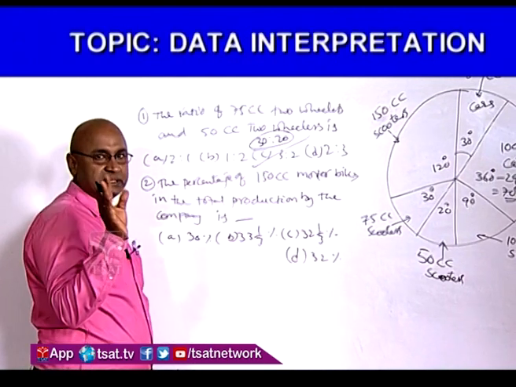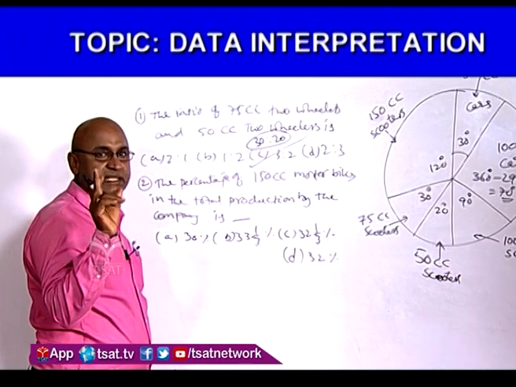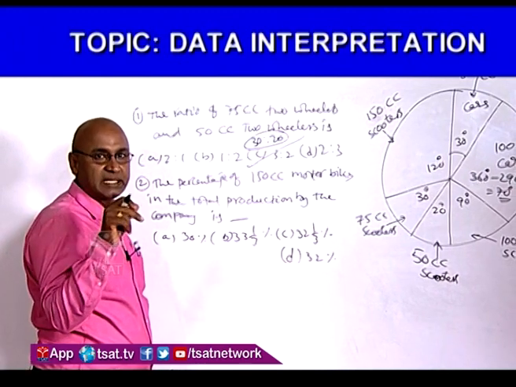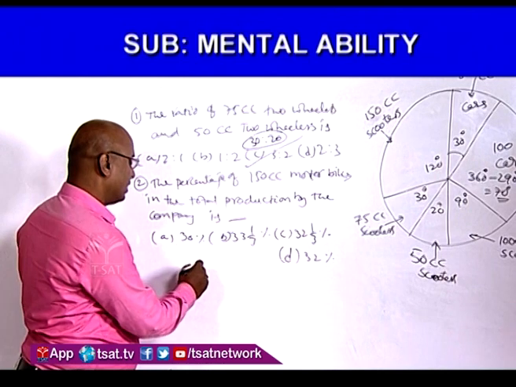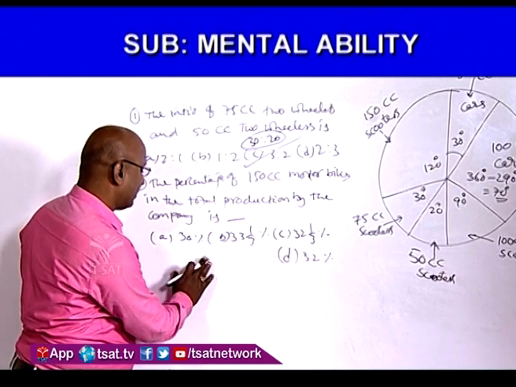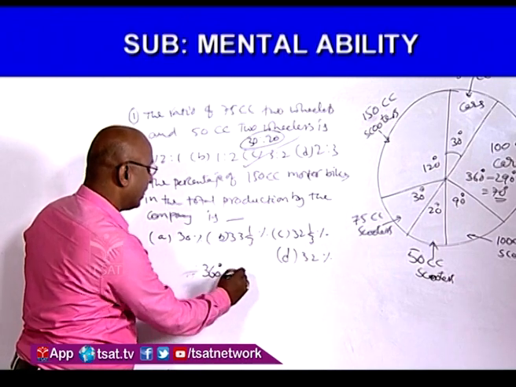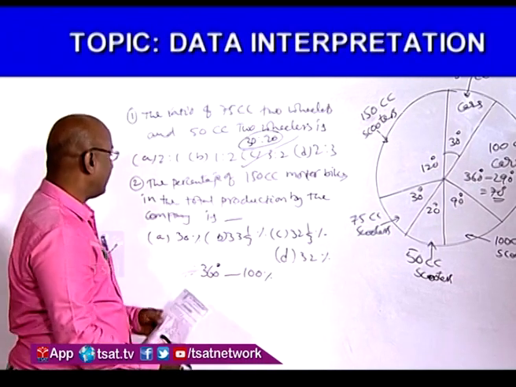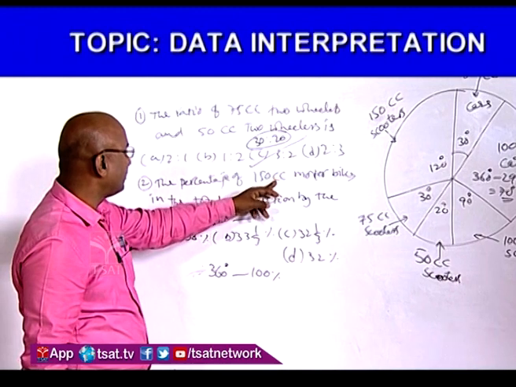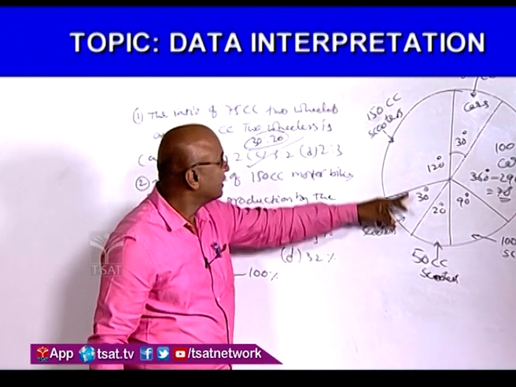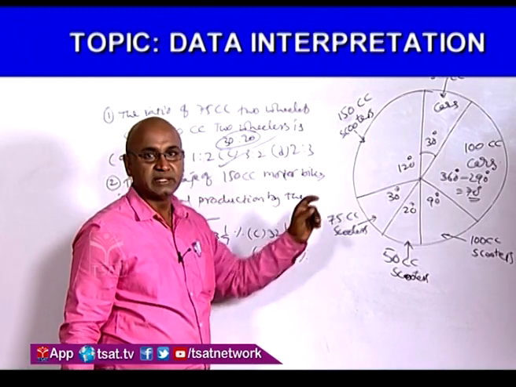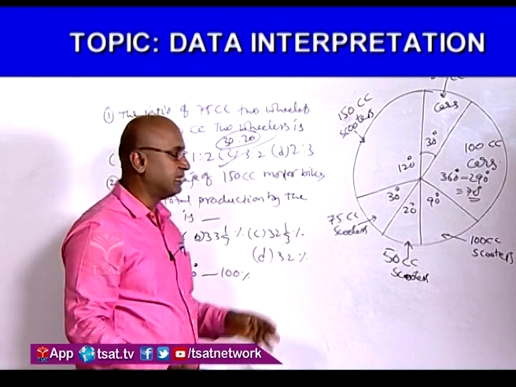Total production represents 360 degrees. The total angle in the circle is 360 degrees. So 100% is equal to 360 degrees. Now what is the proportion of 150cc motor bikes? That is 120 degrees. Then what is the percentage of 120 degrees?